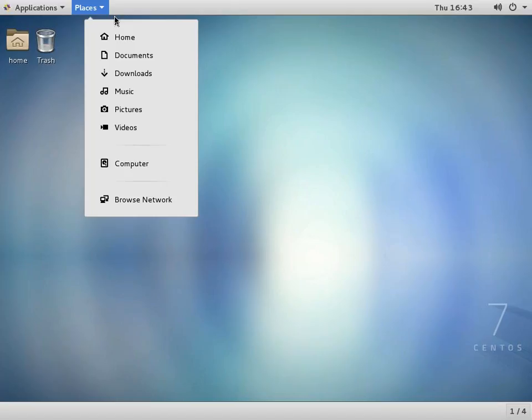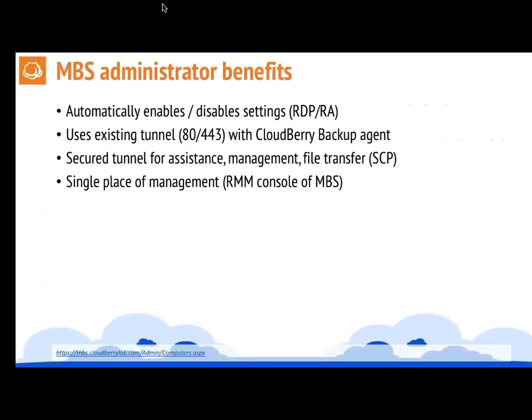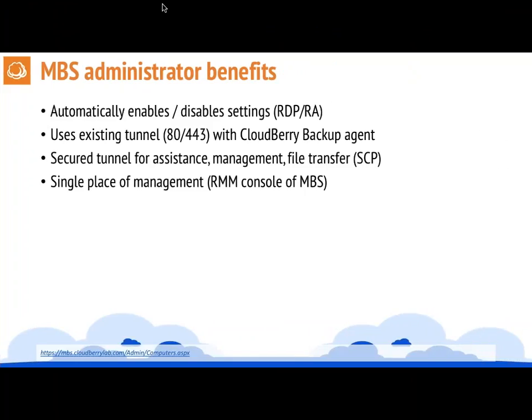And again, it's really handy when you have your computers behind network in corporate networks, and they are not accessible from where you are right now. So by using that technology, which is part of MBS, which is part of the remote management console, it can give you a really nice tool, really nice way to get there and start your management.